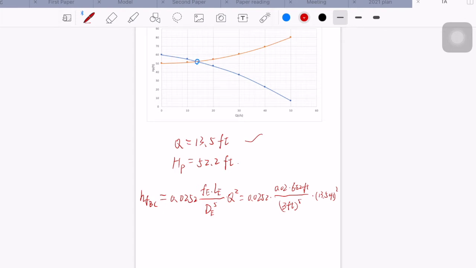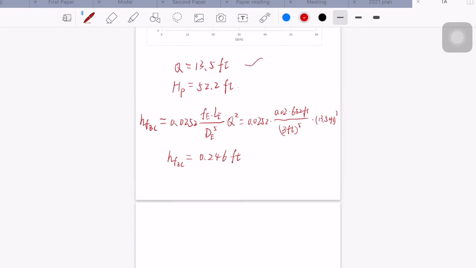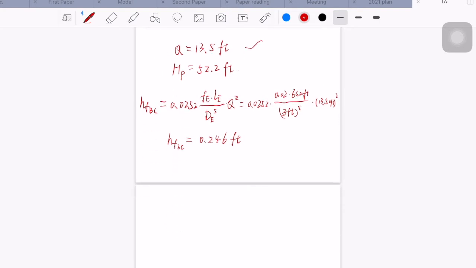So we can now determine the friction loss between BC equals 0.246 feet.